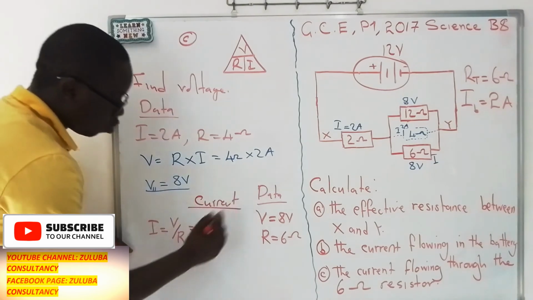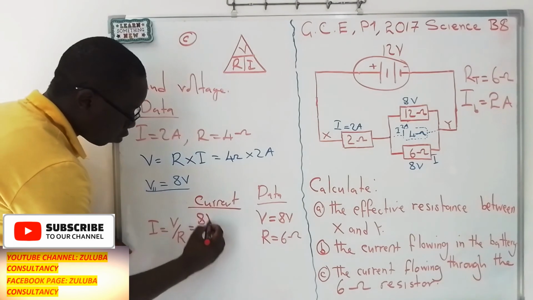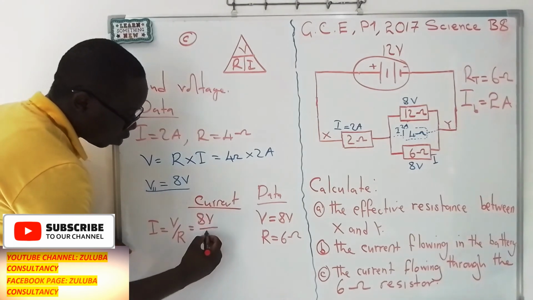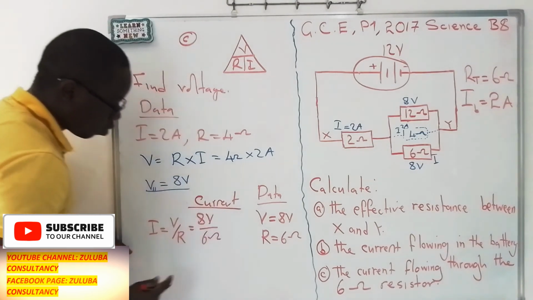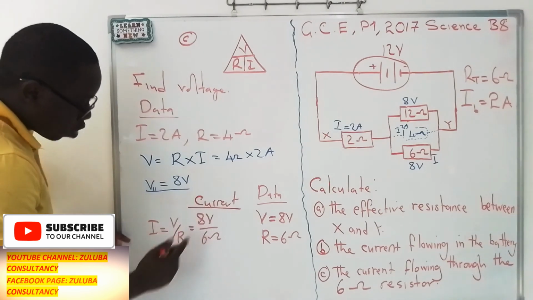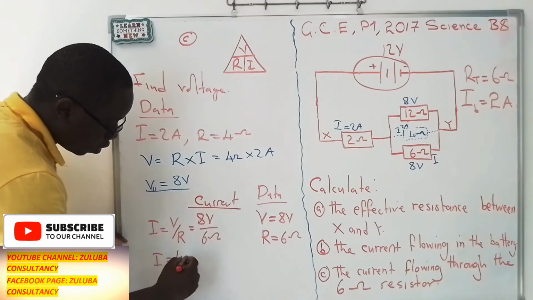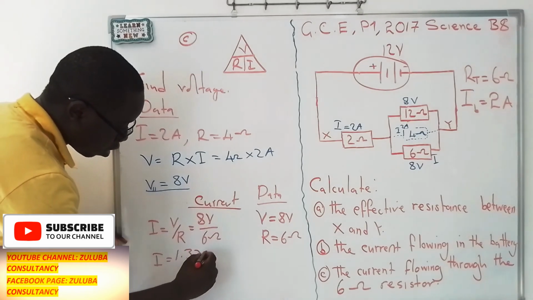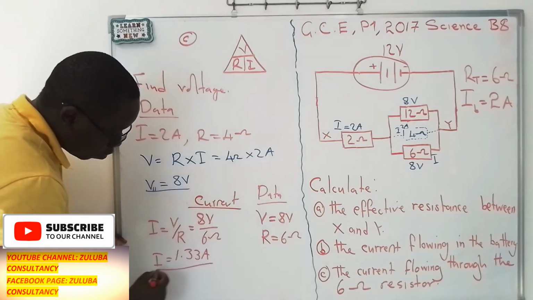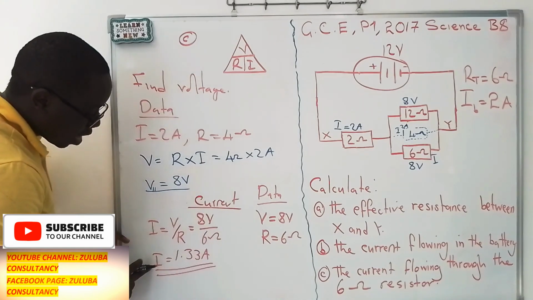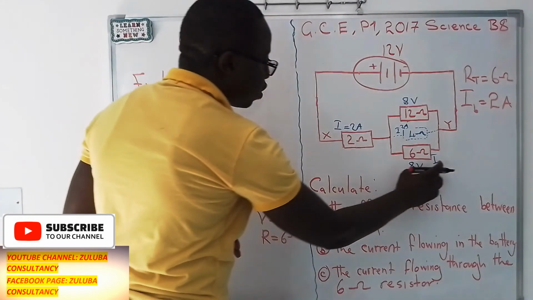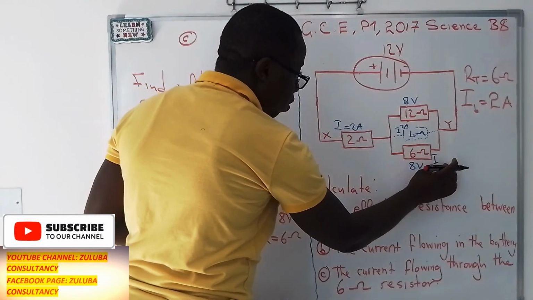So this simply means 8 volts divided by 6 ohms. So 8 divided by 6 on your calculator should give you 1.33 amps. So this becomes the current that is reaching this resistor.